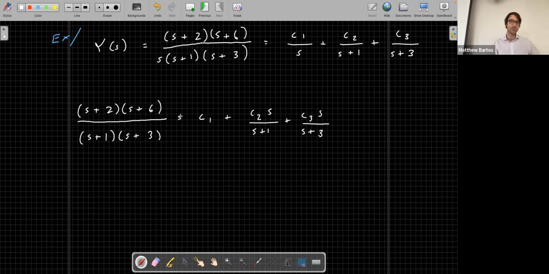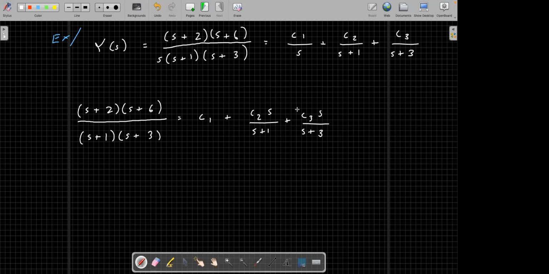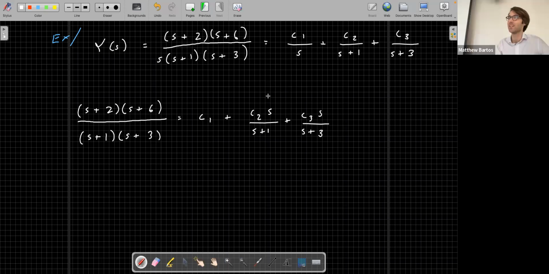Okay, now what do we do? What's the value of our root here? Zero. Yeah. Okay, very good. So we evaluate this expression at s equal to 0.